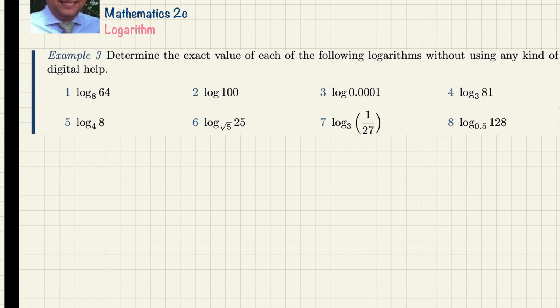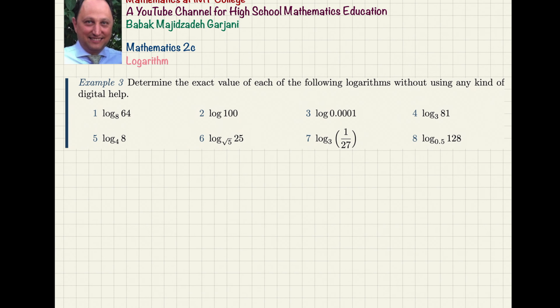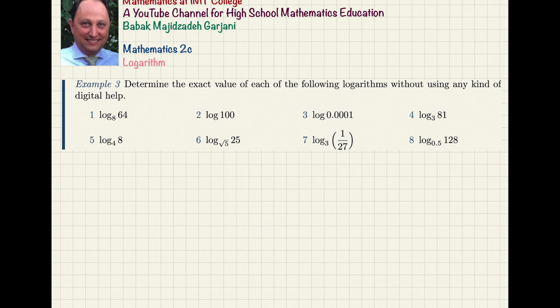So what we have to do, sometimes it is so simple that we can just guess and just do it. So here, for example, number 1, this is asking can you calculate log of 64 in base 8?